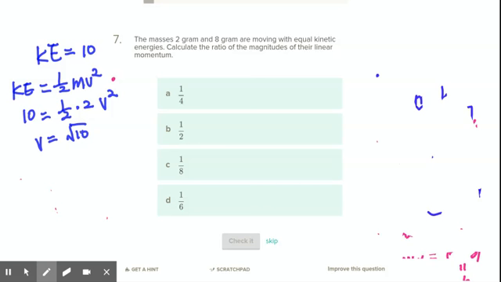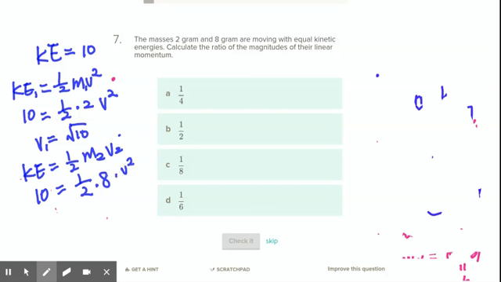Okay? And then the second v2. So the second kinetic energy is still 10, right? But this time we consider mass number 2. So 10 equals half times 8 times v2 squared.